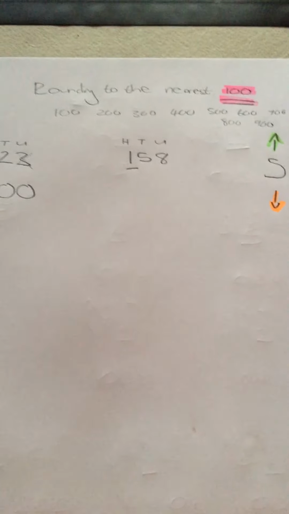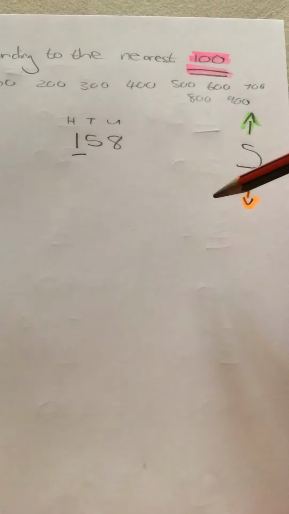Either 100, 200, 300, 400, 500, 600, 700, 800, or 900. That's all, your answers should be one of those 9 numbers. There's no such thing as 901 because the 10 fell away. It's always 100.